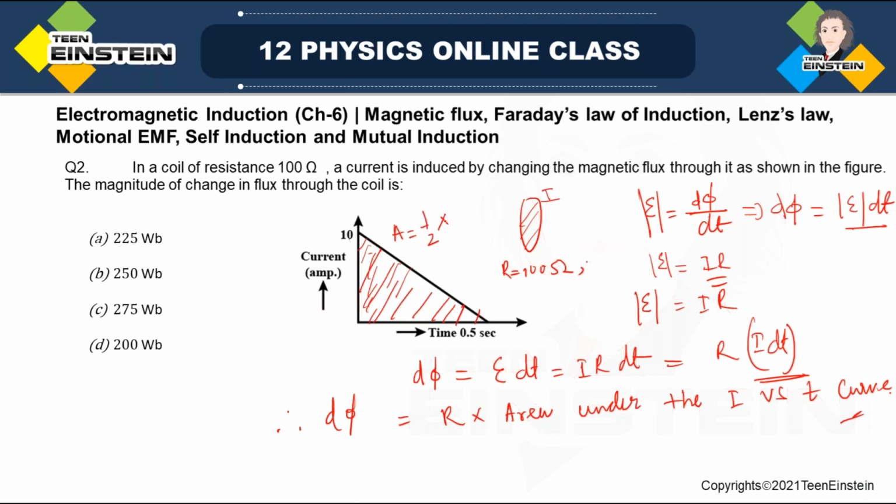Base is 0.5, half base into height. Height is 10 square. Okay, so this gives you 25, this area, meter square, into this R will be again 100 ohm. So what we get is actually, sorry, this is OA bar.